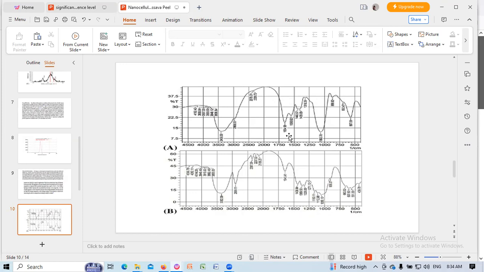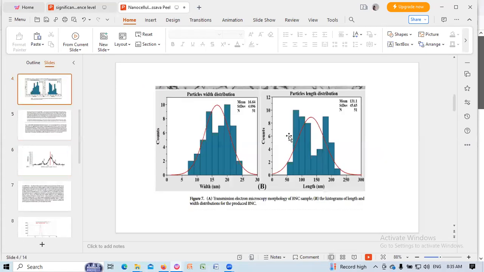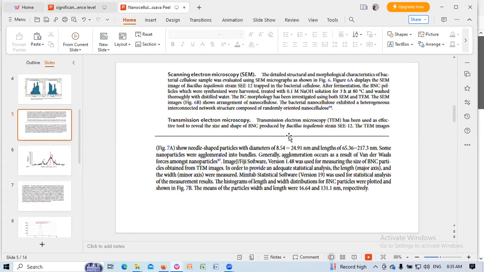It shows 50.09 percent crystallinity. This is the explanation of the FTIR and TEM analysis.